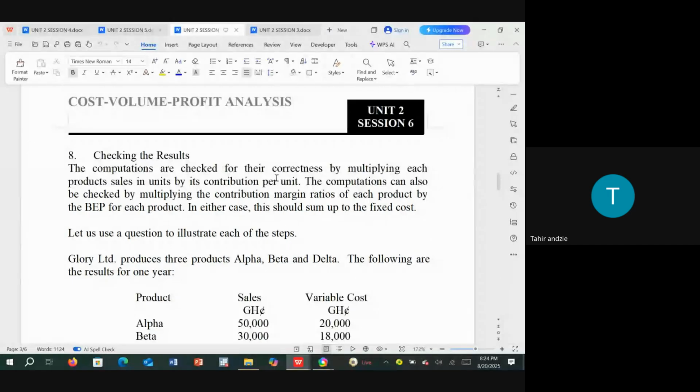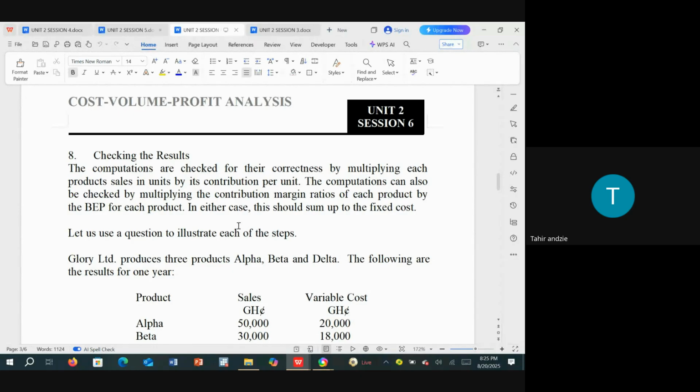So if you multiply the contribution per unit by the units sold for each of the products at the break-even point, when you sum them up, it should be equal to the fixed cost. If you have the contribution margin ratio, if you multiply it by the break-even sales for each product, when you sum up, it should also give you the fixed cost. That is how you prove or check it.